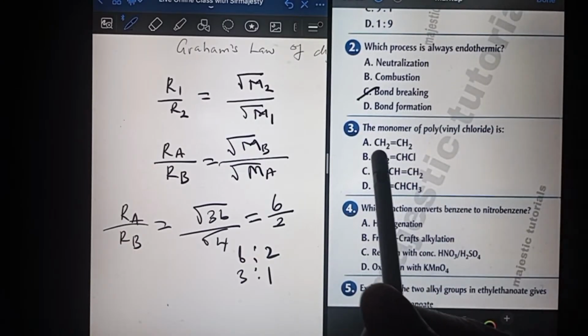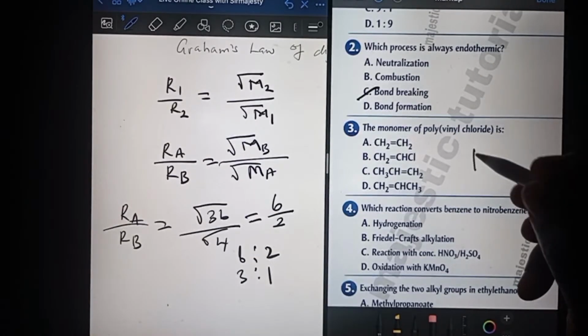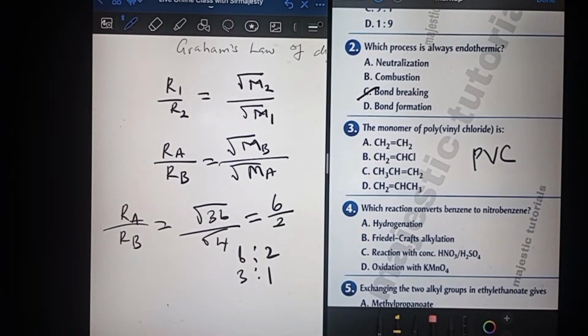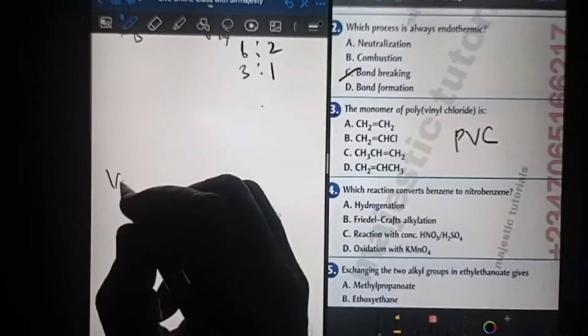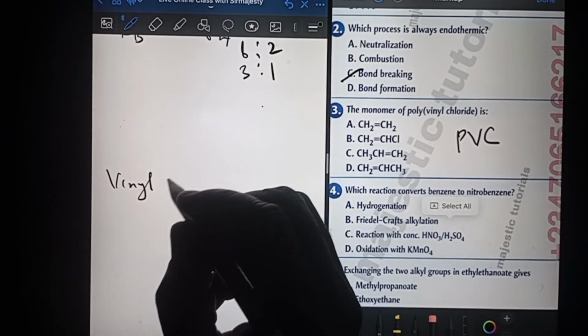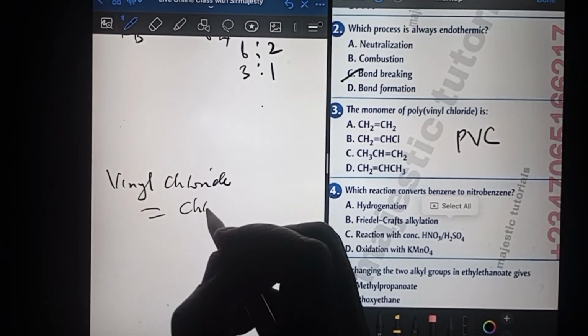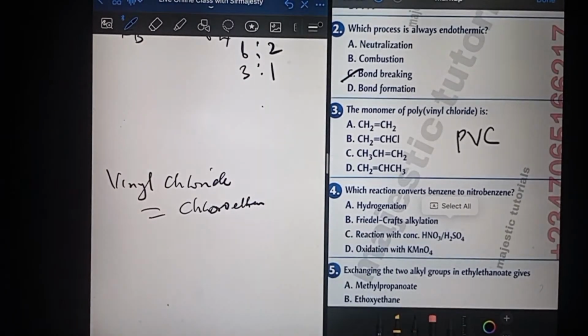Then the next question asks for the monomer of polyvinyl chloride. Polyvinyl chloride, we know it popularly with the name PVC. PVC pipes, PVC ceiling. So looking at this, vinyl chloride is the same thing as chloroethene, right?